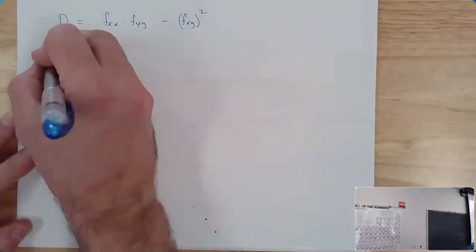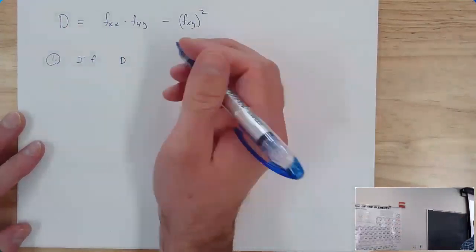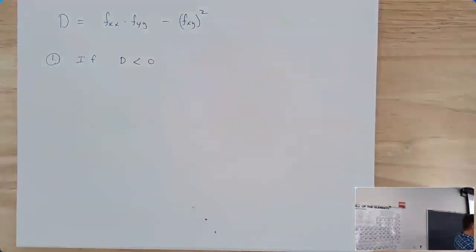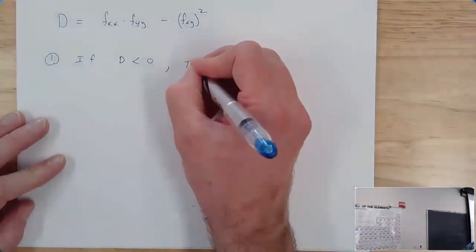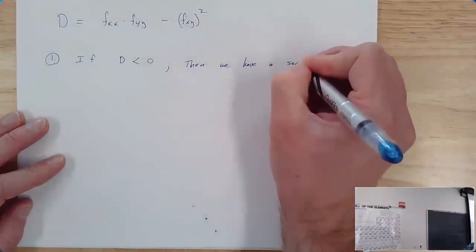Thing one, and I'm going to start with the easiest one: if D is negative, which wasn't the case last time, D was positive last time, but if D is negative, then we have a saddle point.